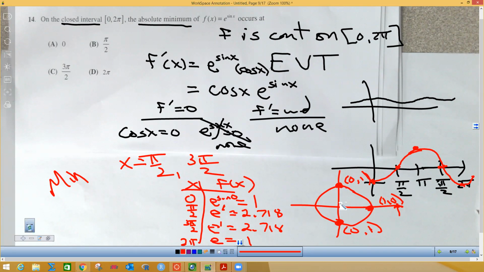Pi over 2, cosine 0, e to the sine. Make sure I didn't make a mistake on my derivative. E to the sine x cosine x, that's right.